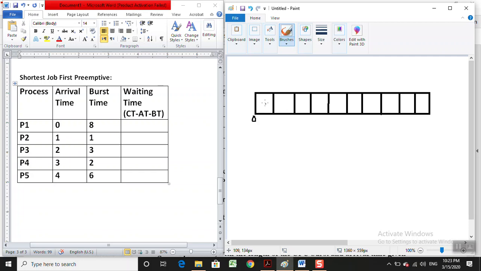P1 is available at 0 time, and it will continue its execution until 1 millisecond. At 1 millisecond another process P2 has arrived, and it has a shorter burst time, 1 millisecond, than this 7.